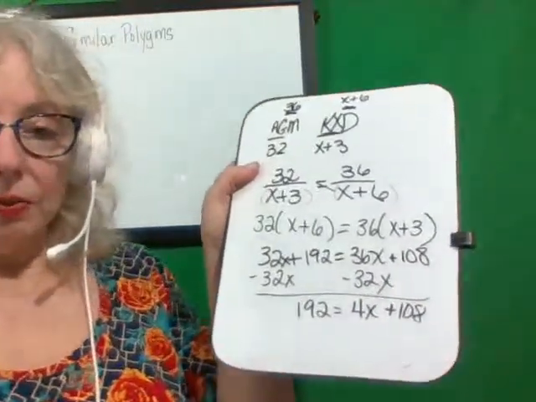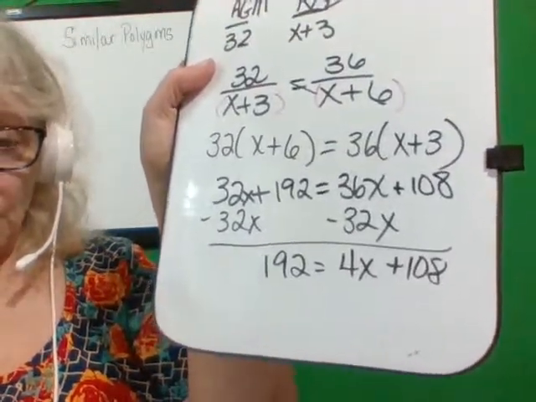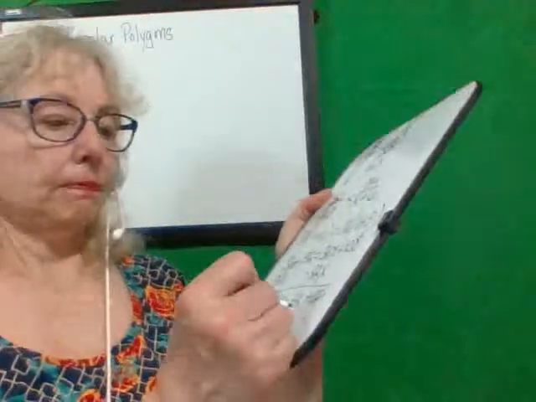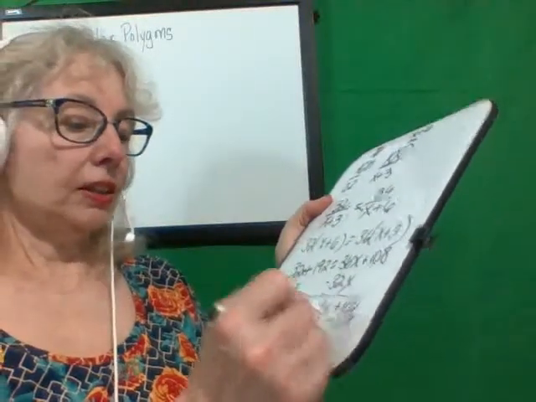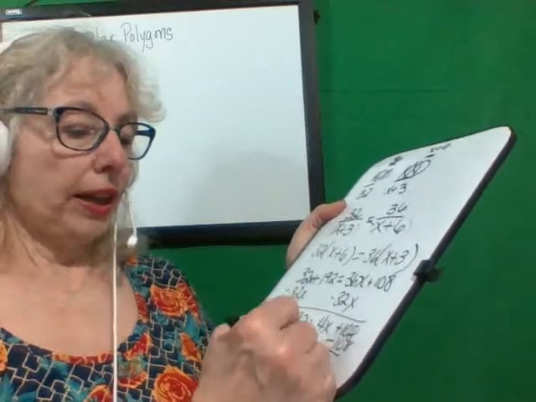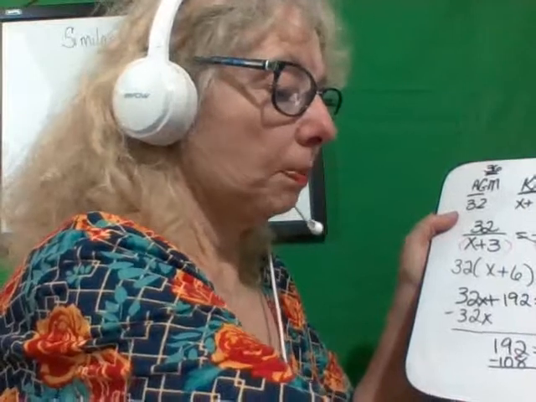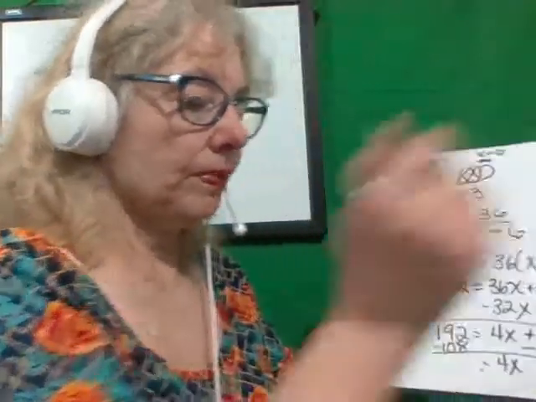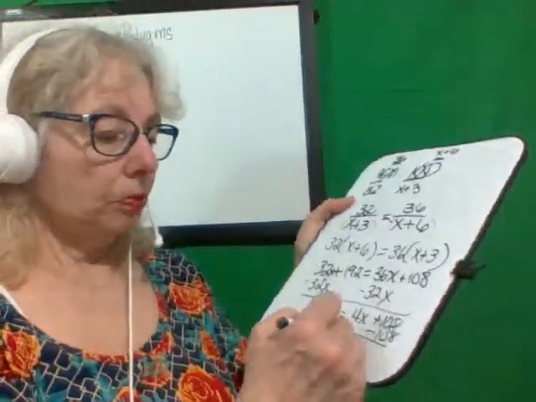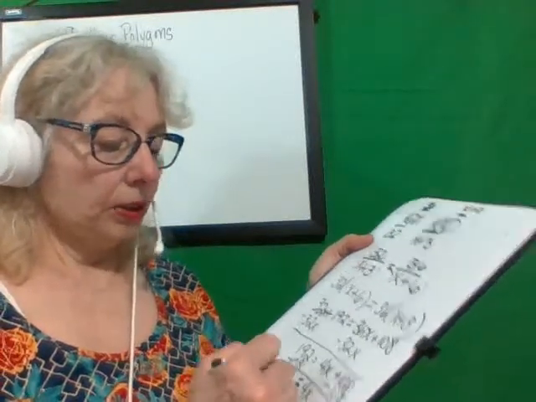So we're getting there. We need to unhook that 108 from behind that 4. So let's unhitch it by subtracting. Minus 108, minus 108. So we get 4x. And when we do 192 minus 108, we end up with 84.